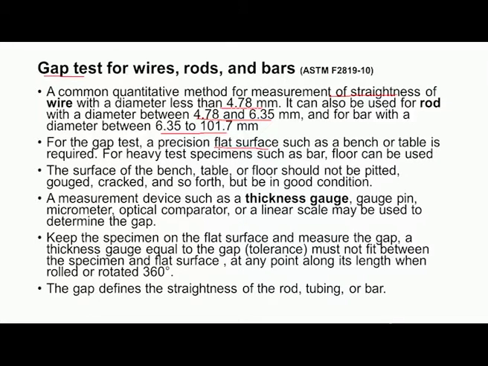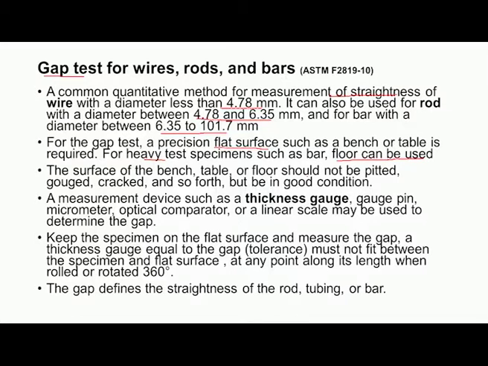We can use the surface plate as the reference plate. If the workpiece is very heavy, then the floor, a very neat, clean granite floor, can be used for straightness measurement, and all the equipment, surface plate or floor, should be perfectly clean.